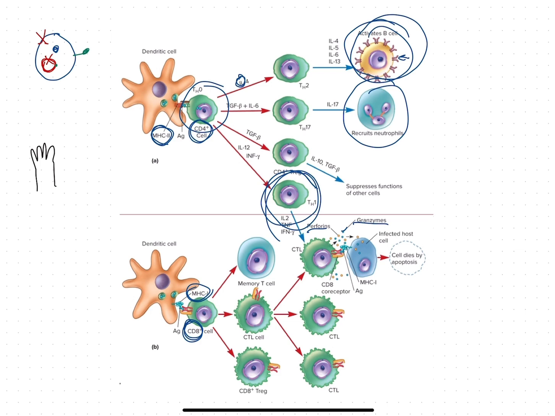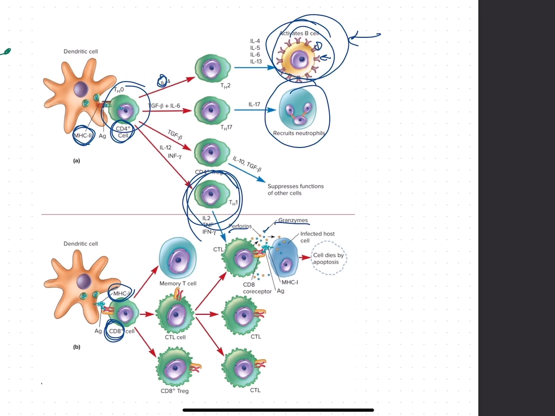Once you have encountered that pathogen once, when you encounter it again, you don't have to go through this whole process again. This cell that already exists recognizes the antigen and goes, gotta kill you, and then it differentiates into plasma cells and so on. So the reaction is way faster, that's basically it.